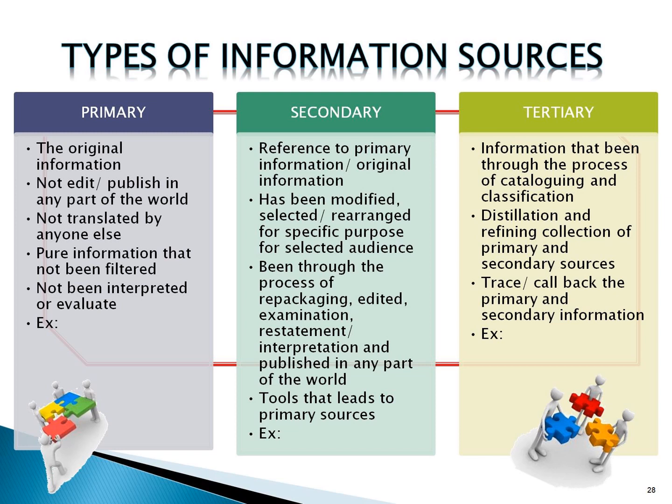This distillation, refining, and filtering that I mentioned just now is a repackaging of ideas or information. Among the examples of tertiary sources, we have indexing, abstracting, and so forth.